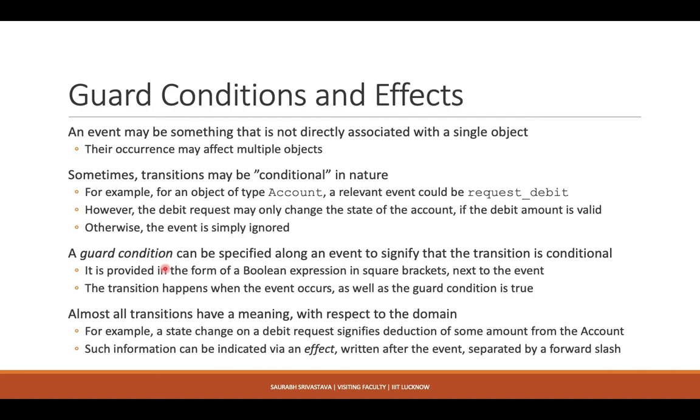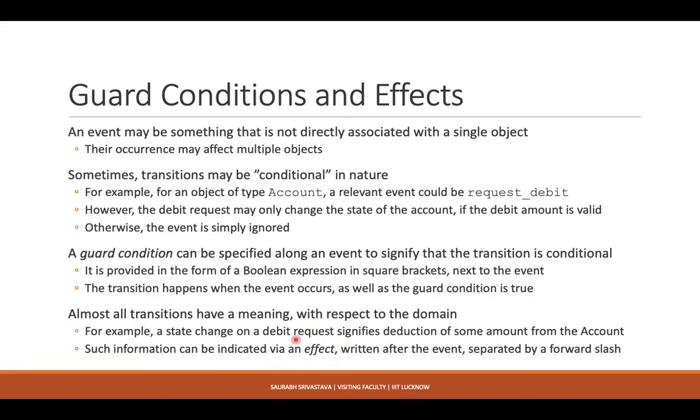If you provide the condition in a square bracket, it essentially means that this transition will only go through if this event occurs, and at that point of time this condition is also true.